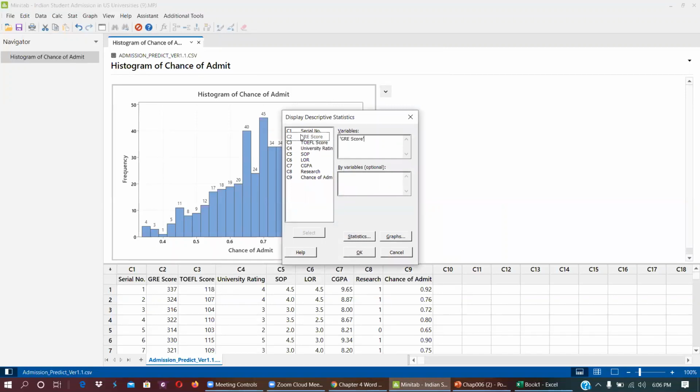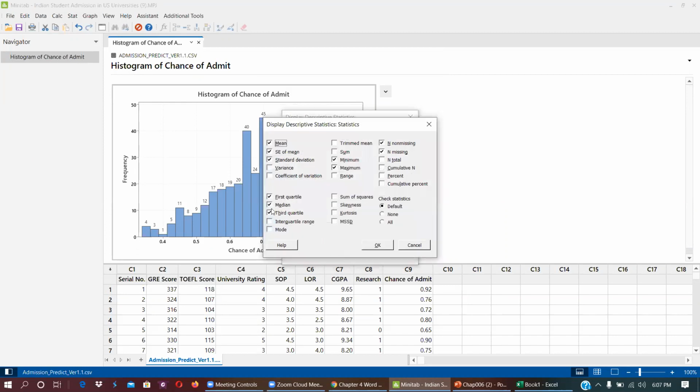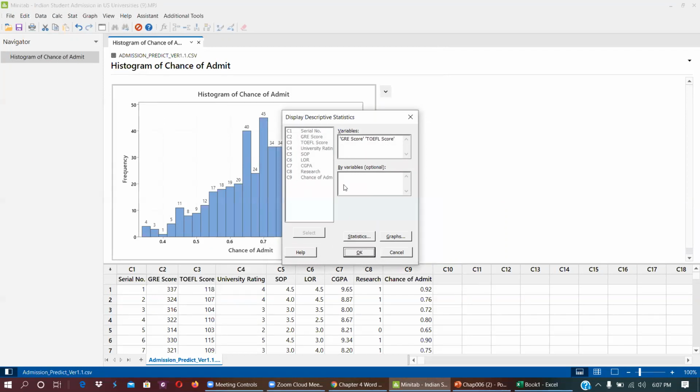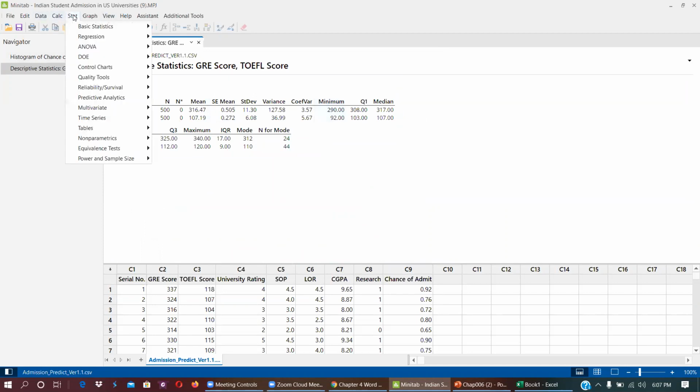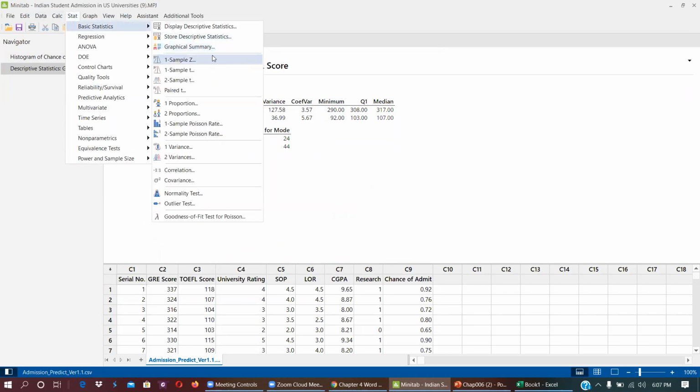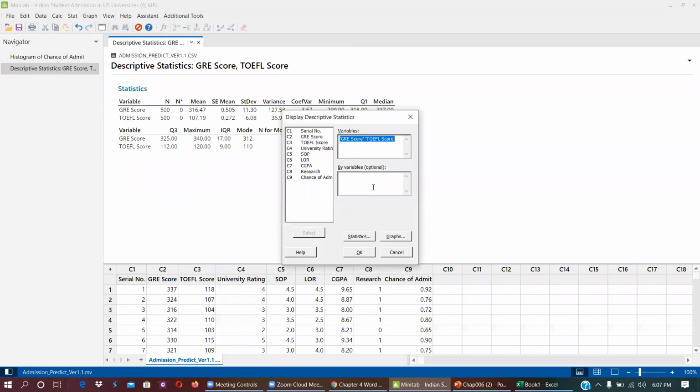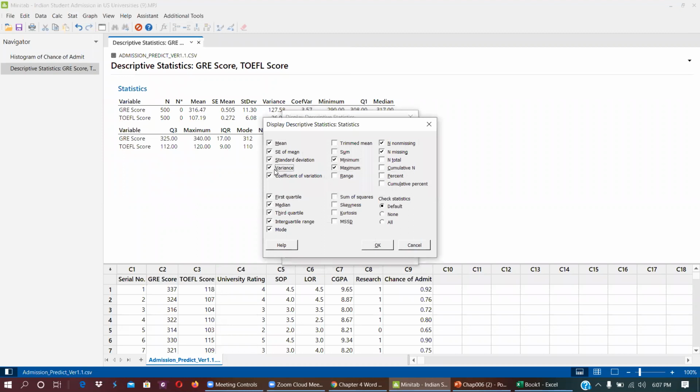Let me take GRE and TOEFL together. Statistics, we need interquartile range and variance. Or just make it very simple. So instead of all the numbers, I am just going to do only interquartile range and I can answer both the question.